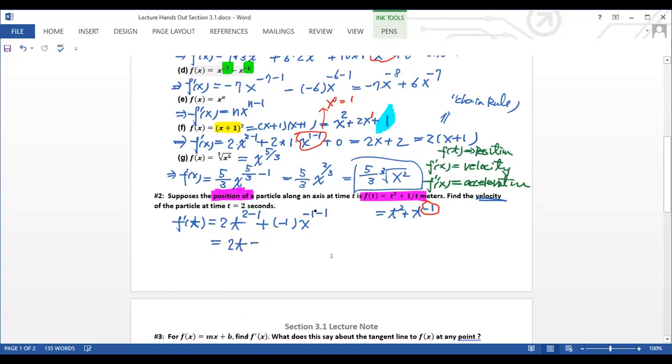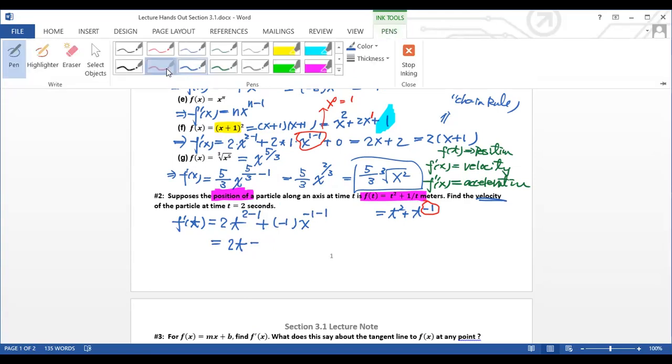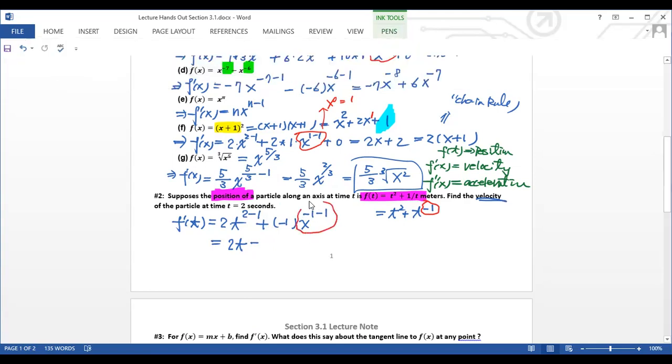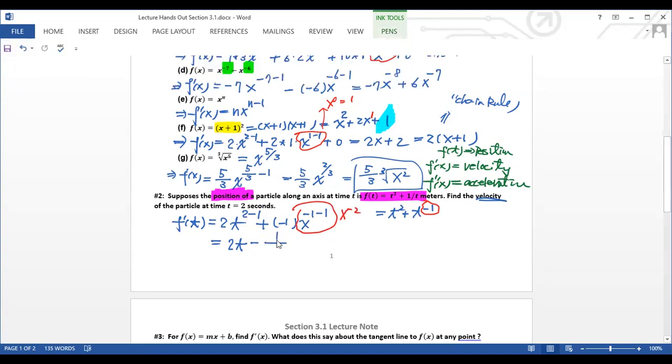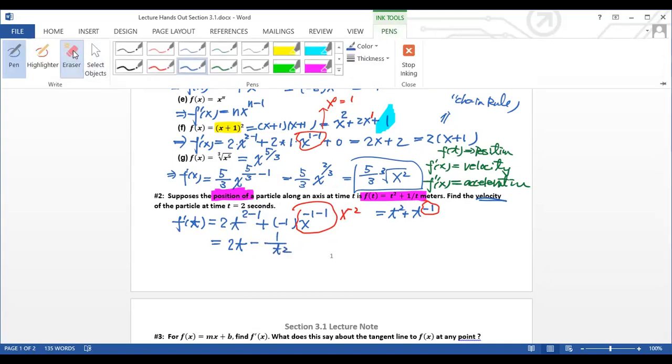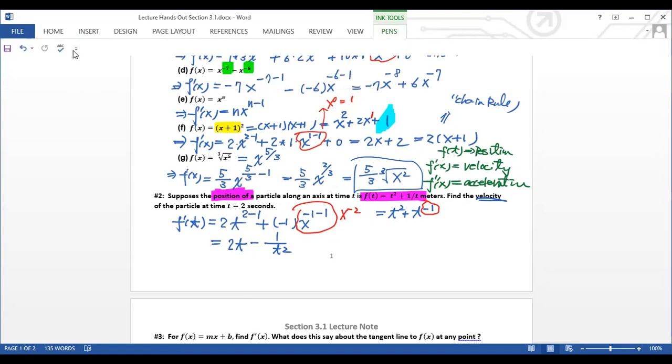Then minus, this is t to the what? This is t to the negative 2. Basically, if you want, you can put this as 1 over t squared. I'm sorry, it should be t. I need to be careful about the notations, right? So this is the velocity function.